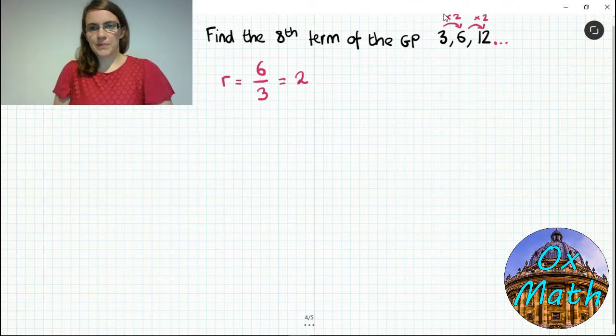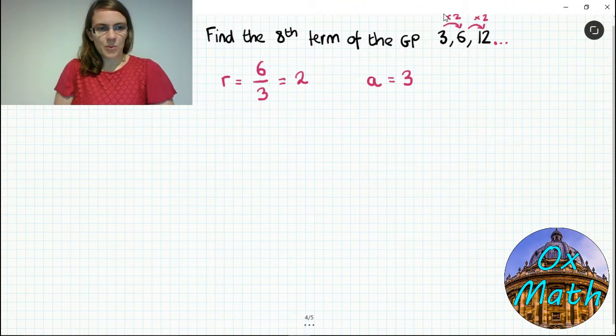We also, because we've been given the sequence, a, remember, is always our first term, and in this case it is 3. So we know a and we know r. Remember, we can find any term, an, by taking the first term and multiplying it by our ratio one less time than the term number.